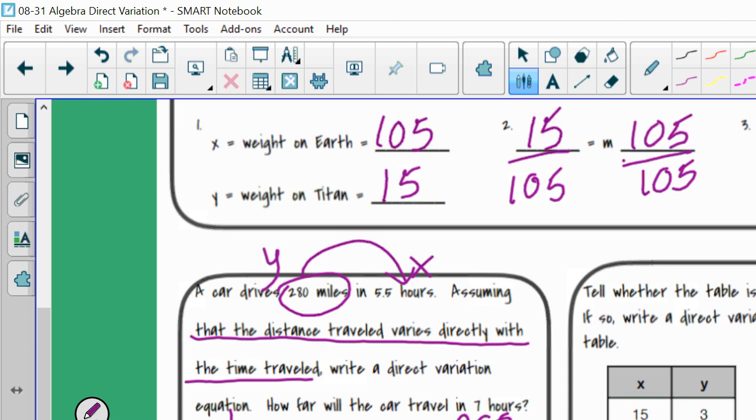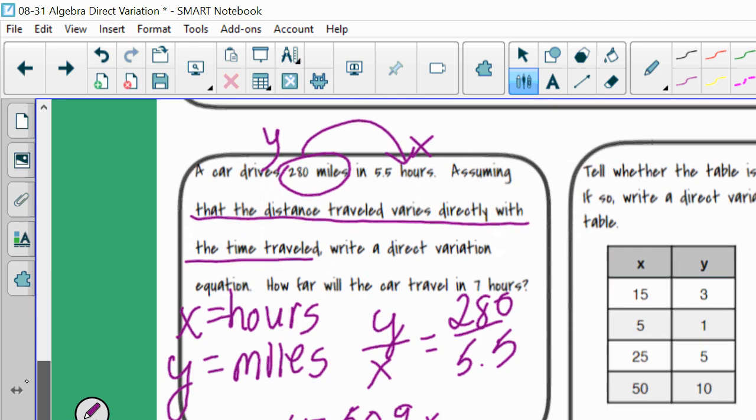So wait, I want to know how far it's going to go in 7 hours. What do I do? Plug it in to X or Y? To X. So Y equals 50.9 times 7, which gives me 356.363. 356.3.